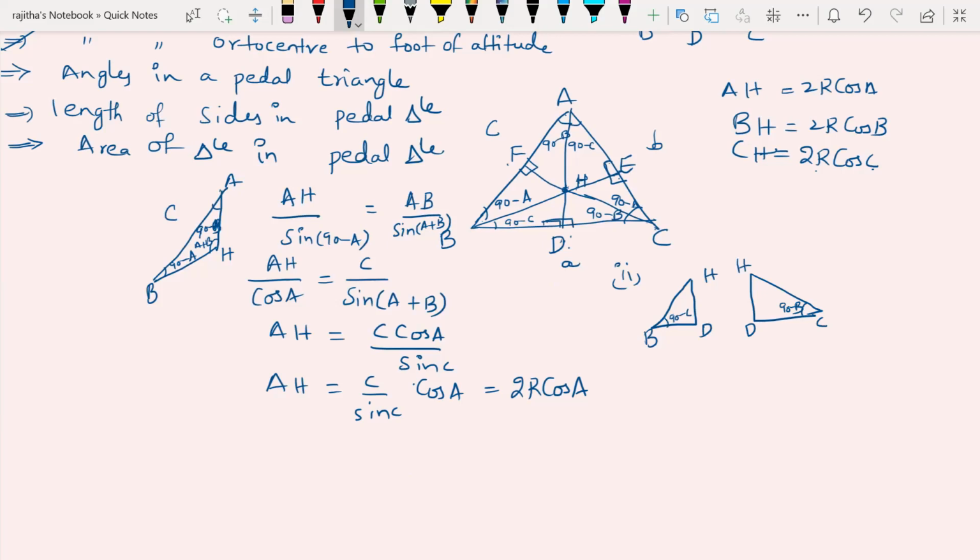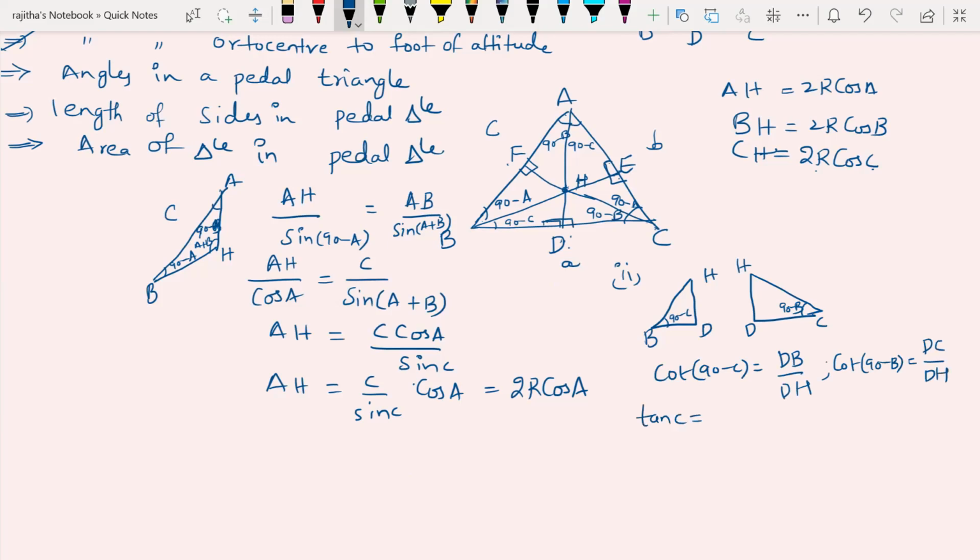Here, cot of 90 minus C is equal to DB by DH. Similarly, cot of 90 minus B is equal to DC by DH.